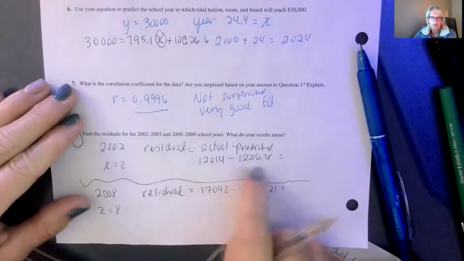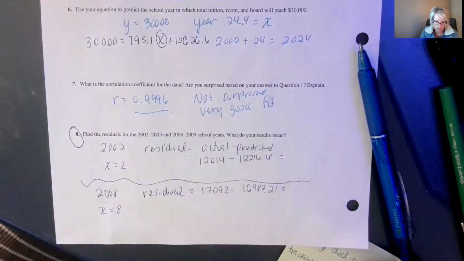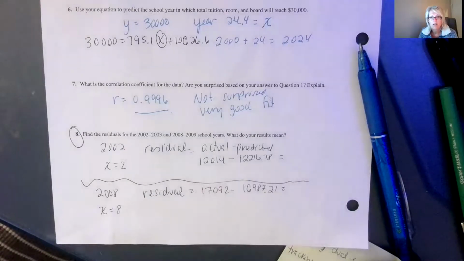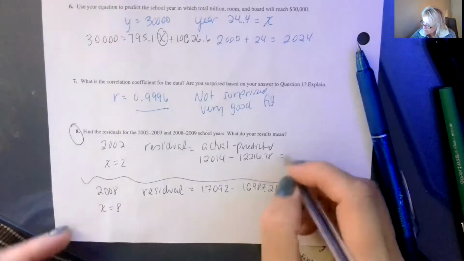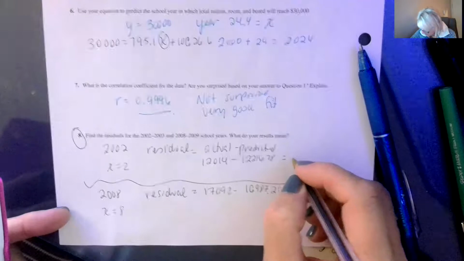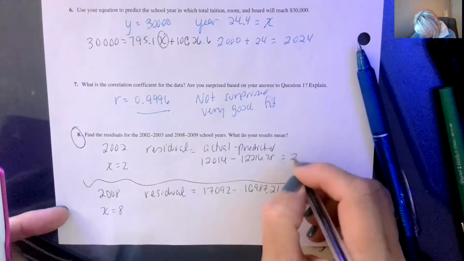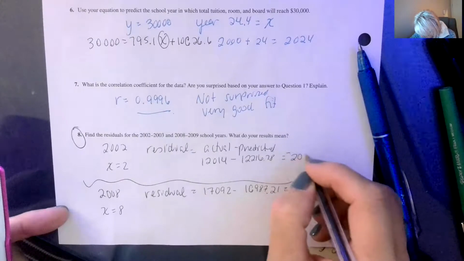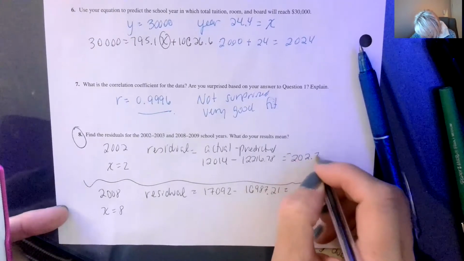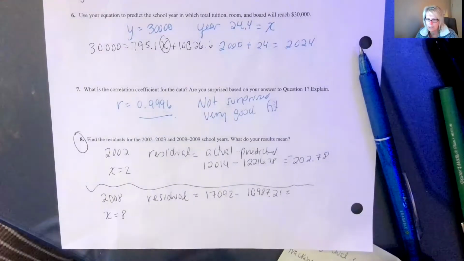So there's our actual and predicted for 2002. And when we calculate the difference here, it looks like, just like we thought, our residual is negative, and that's because we over predicted.